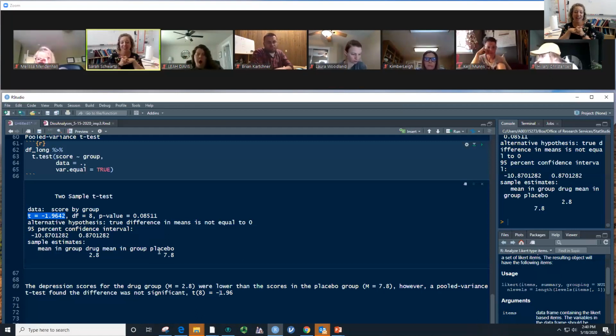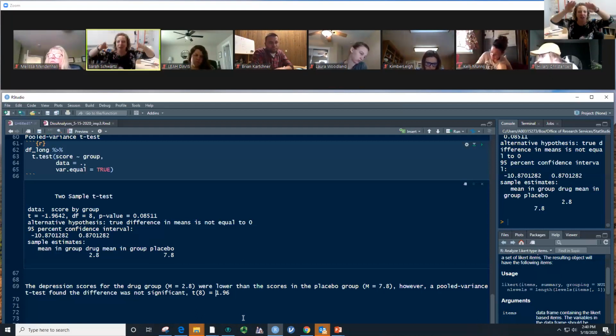So because of that, we traditionally, in APA style, do not put the negative sign on the t value, because if we had just subtracted in the opposite order, it would have been positive. Remember, the t curve is like the bell curve, it's symmetrical. So we're going to leave off that negative. And then every value we're going to round to 2 decimal places, except for the p-value, we're going to round to 3.